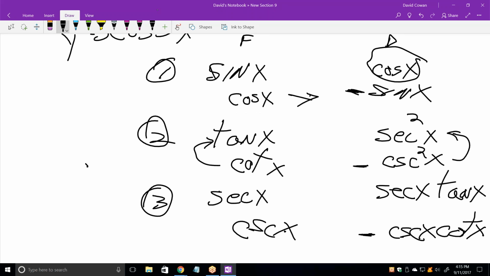You see the pattern, first of all? You do have to memorize the derivative of 1, 2, and 3. I don't know of any logical way to memorize that other than just memorize it. Okay? But the second ones, 4, 5, and 6.